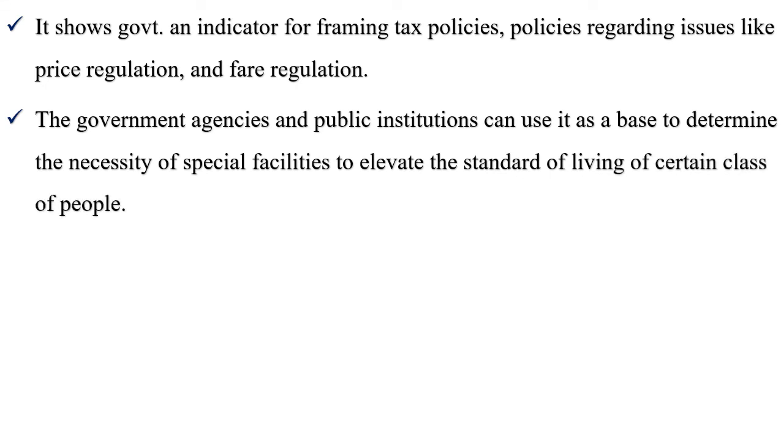It means that if a certain class of people is facing a lot of problems because their cost of living is quite high, or maybe their incomes are very low compared to their cost of living, then government or certain non-governmental organizations, NGOs, will know what steps to take to help them raise their standard of living or help them in their financial needs using certain policies or schemes or actions. So they need certain criteria for that purpose, and that criteria is the cost of living index number.